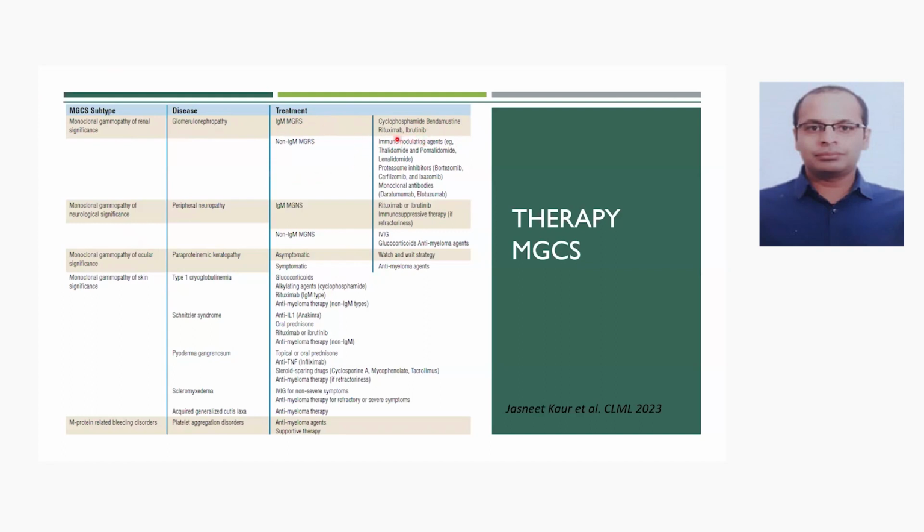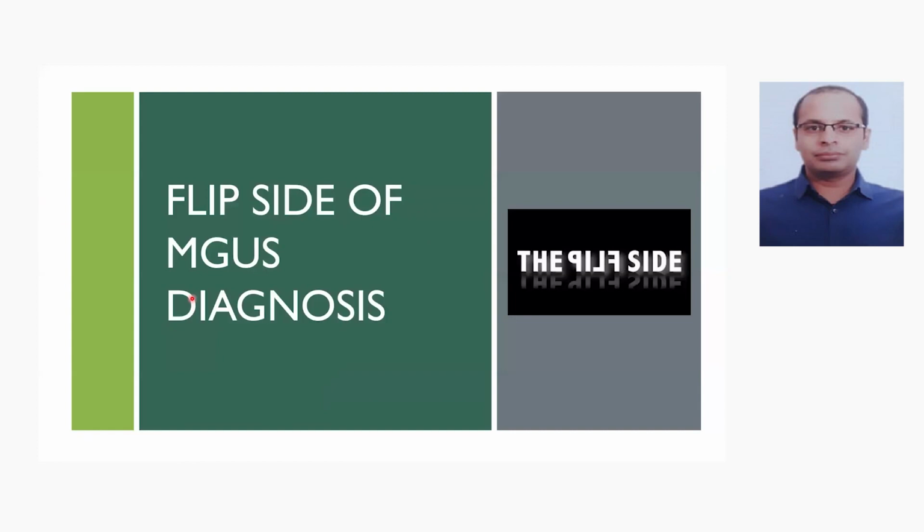For non-IgM, it's mostly myeloma-type therapy. Same goes for neurological. So IgM, rituximab or ibrutinib. For non-IgM, IVIG or steroids. For skin, cryoglobulinemia, Sézary syndrome, and other syndromes are there. Myeloma therapy is usually for refractory or non-responding subtypes.